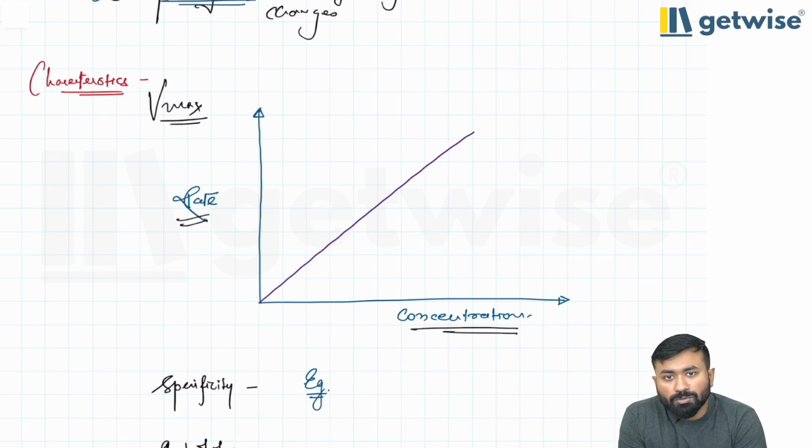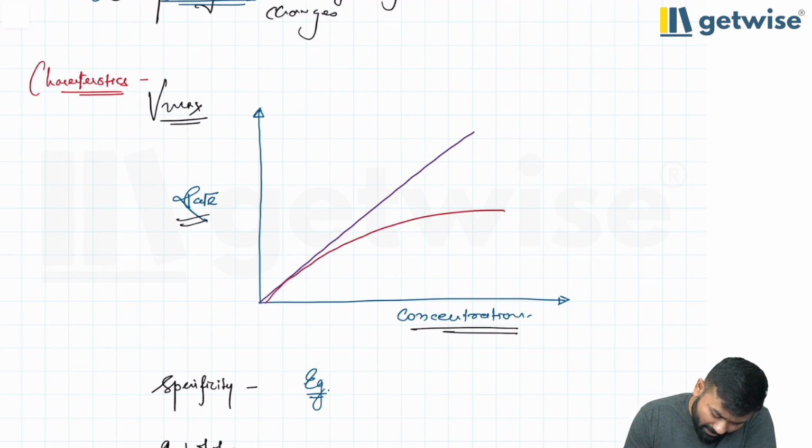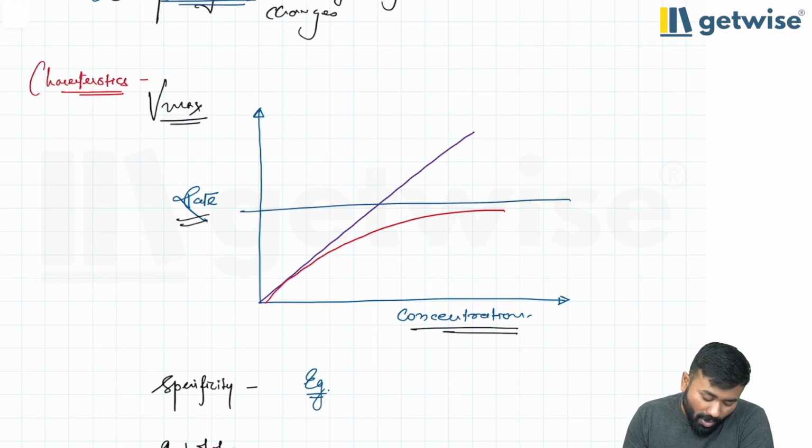As the concentration of substance increases, the rate of diffusion also increases proportionately. But that is not the case with facilitated diffusion, because the graph will go like this, and in the graph the maximum point attained by the rate is called Vmax, velocity max.